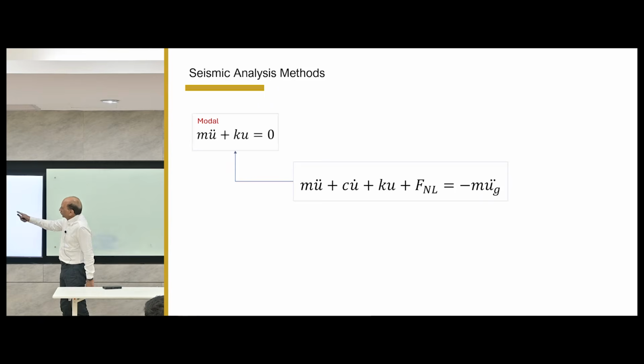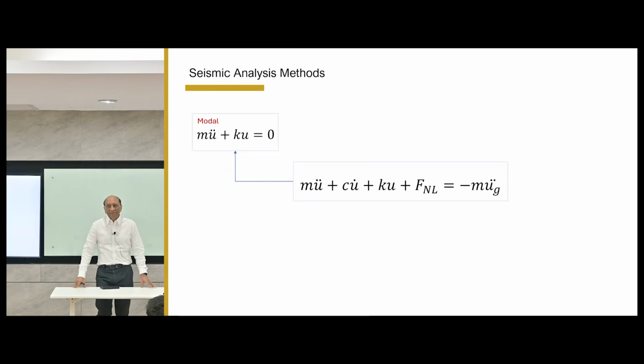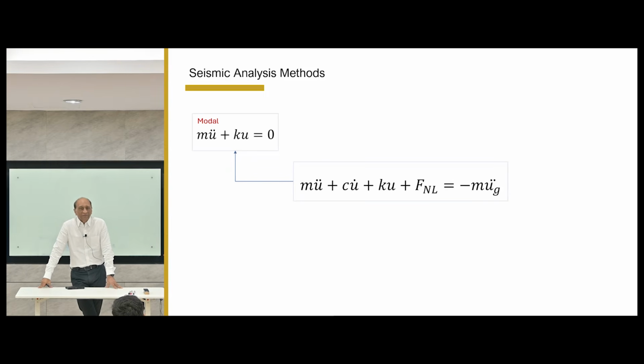Okay, so if you take this equation and you delete everything and only keep mass and stiffness and delete all the other items from the equation, you will get this equation, which is the equation of the eigenvalue problem. Eigenvalue, this is an eigenvalue problem.